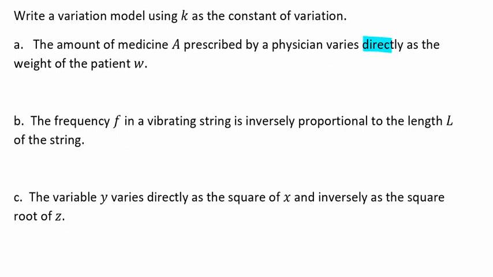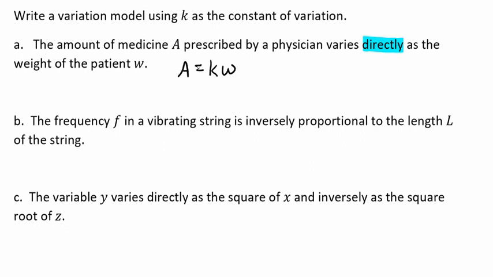So directly tells us that we're going to be multiplying. We're going to have our k value being multiplied by our w. I should be careful to make sure we're making our lowercase k times w.